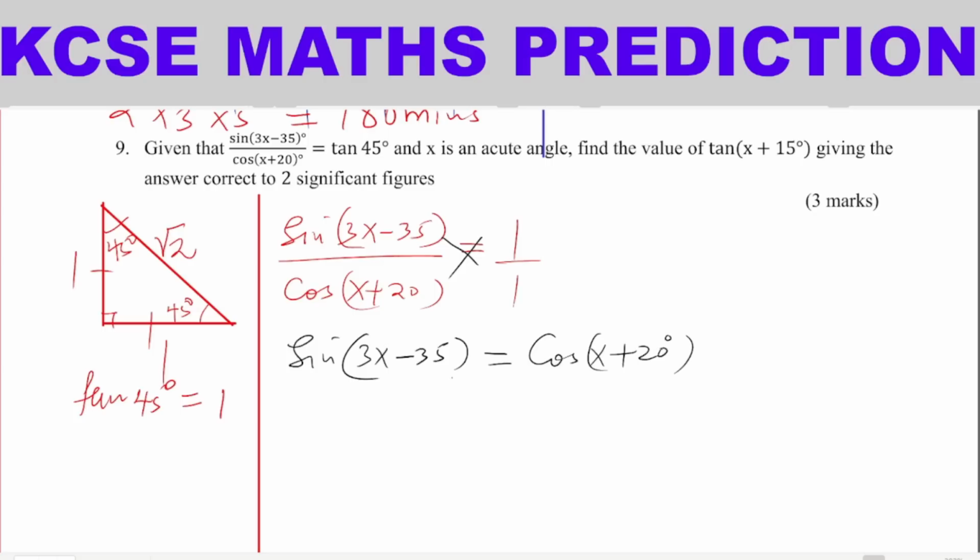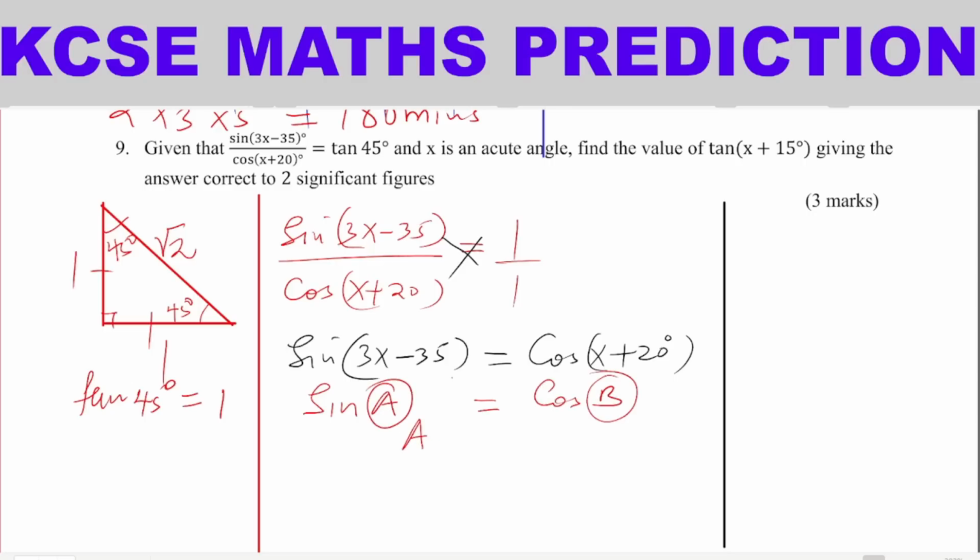Now from these, there's another property that you're going to use. The moment you have cosine and sine equated together, remember that if the sine of angle A equals the cosine of angle B, then A plus B should give 90 degrees.